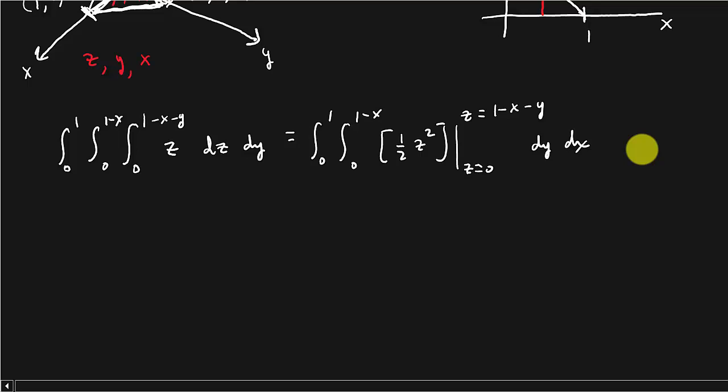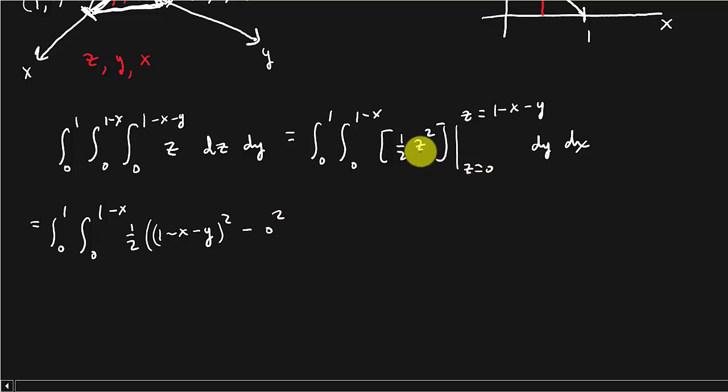All right. So now let's evaluate. So this is going to be 0 to 1, 0 to 1 minus x. And so now we're going to plug this in for z and plug this in for z. Okay? All right, so that is going to give us 1/2 times 1 minus x minus y, and that is going to be squared. And then I plug the 0 in. Well, what is that going to give me? That's just going to give me 0 squared, right?